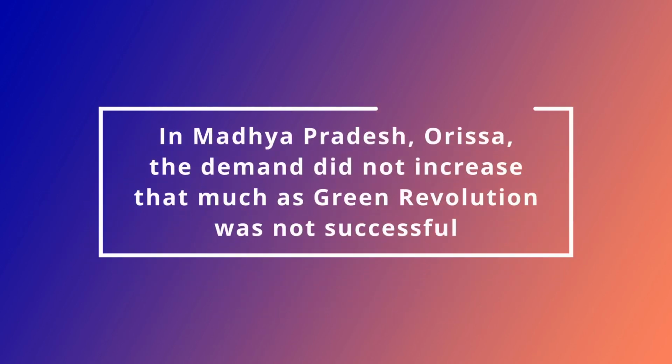On the other hand, in the case of Bihar and Madhya Pradesh, the demand for fertilizer is not so high. That means the agricultural sector is not working so successfully in these regions. The green revolution is not so effective there. So there is an imbalance in fertilizer use across the country.